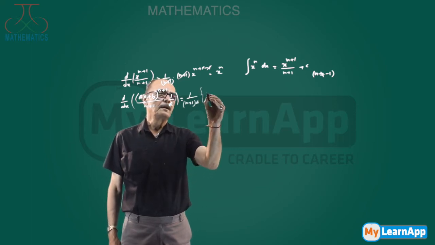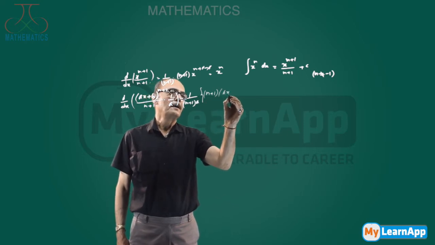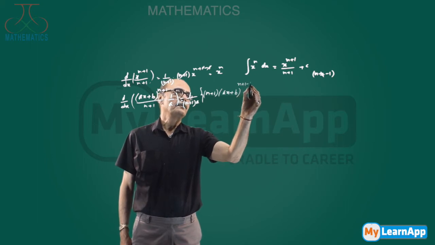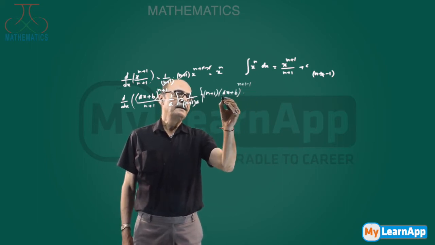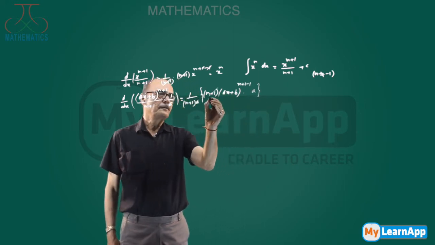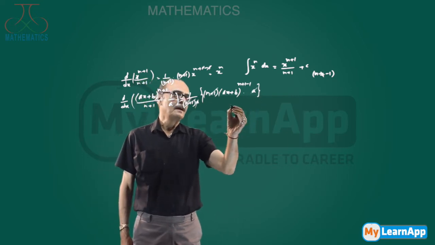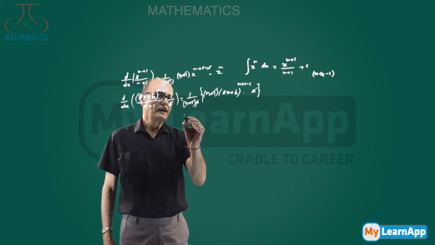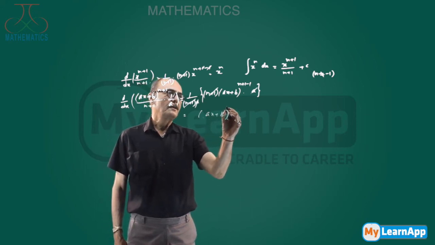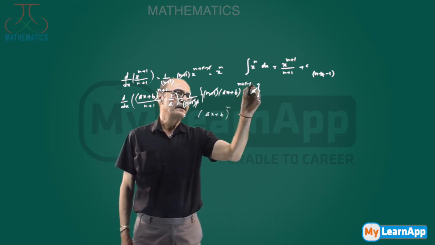So, this is n plus 1 into ax plus b raised to power n plus 1 minus 1, and then the derivative without power, that is a. This n plus 1 gets cancelled with this, a gets cancelled with this, and we are left with ax plus b raised to power n. This 1 and 1 get cancelled.